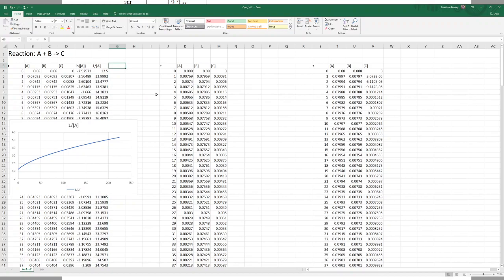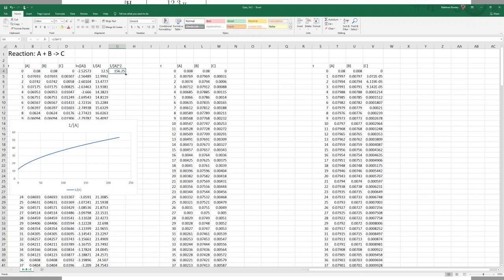Now, I can tell you that 1 over concentration of A squared would be the integrated rate law for third order kinetics. Equals 1 divided by A squared.